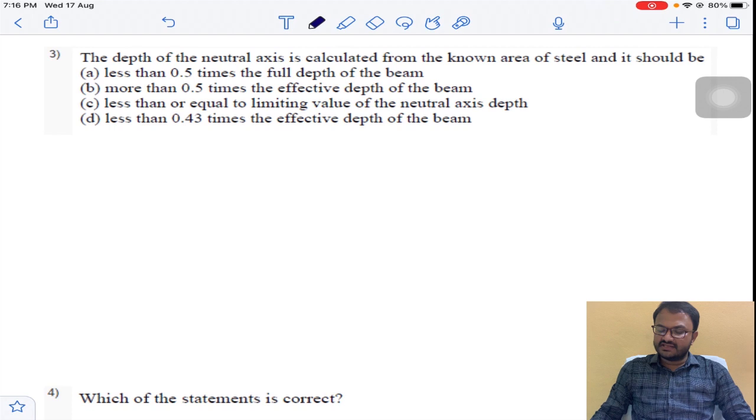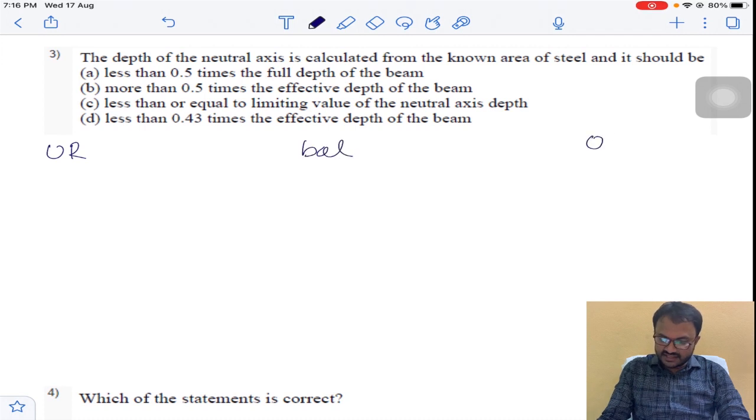The depth of neutral axis is calculated from the known area of steel and it should be... So obviously, generally we have three types of section: under-reinforced section, balanced section, and over-reinforced section. In an under-reinforced section, the actual depth of neutral axis is less than the limiting depth.